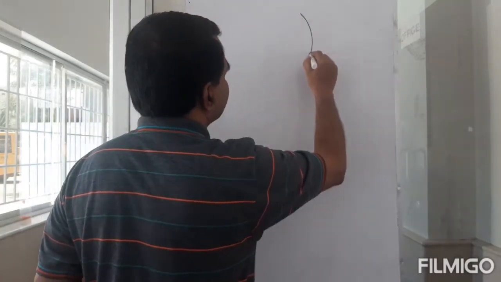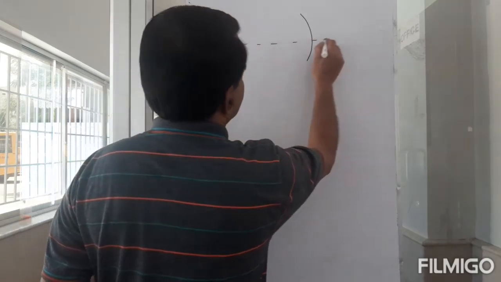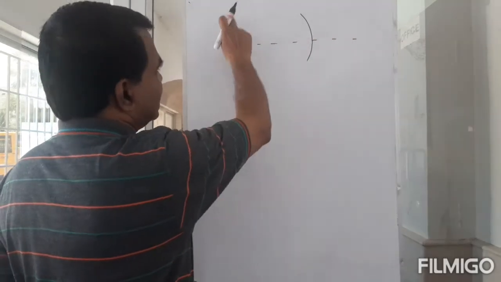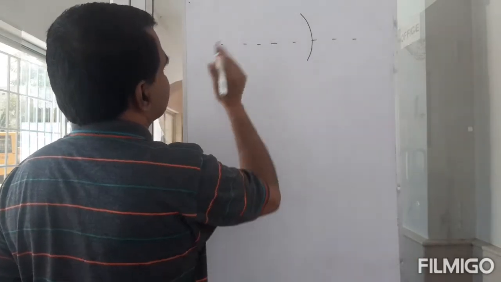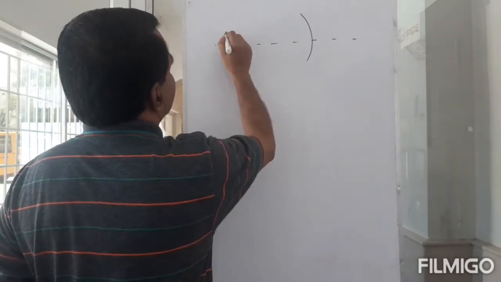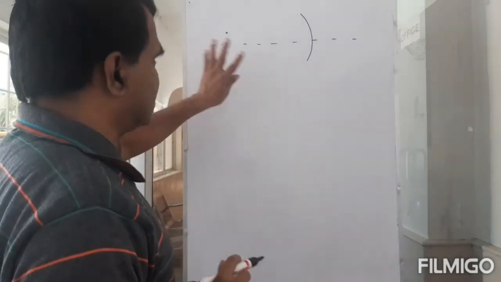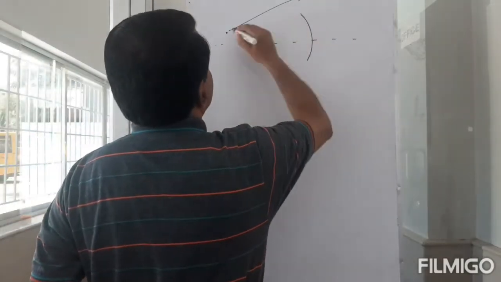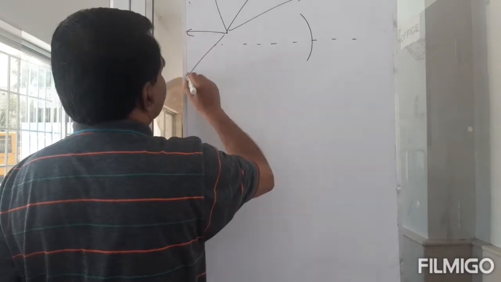So you have this mirror, and let's say this is the axis of the mirror, and let's say I take a point. I can take the point here, I can take a point there, I can take a point anywhere, or even on the line itself, doesn't matter. Let me take some random point here. What this point source does is send rays in all directions. Light energy goes from here in all different directions.